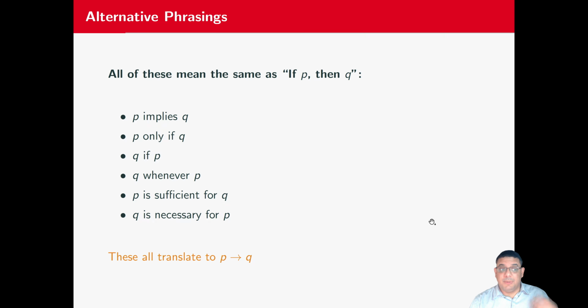We can say that P implies Q, P only if Q. We can also say Q if P, Q whenever P, P is sufficient for Q, or Q is necessary for P. These are all equivalent and mean the same.